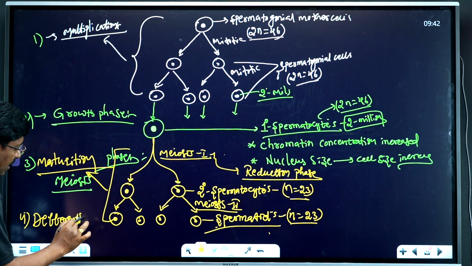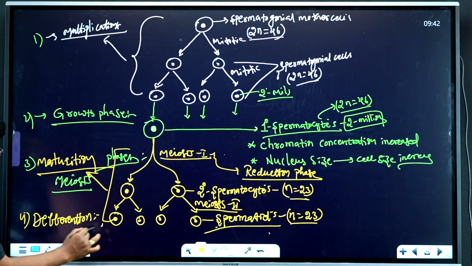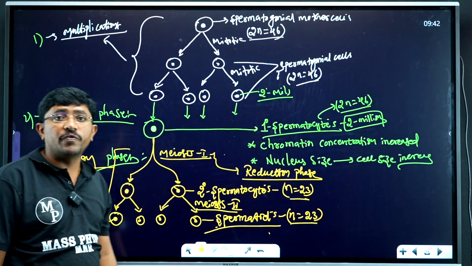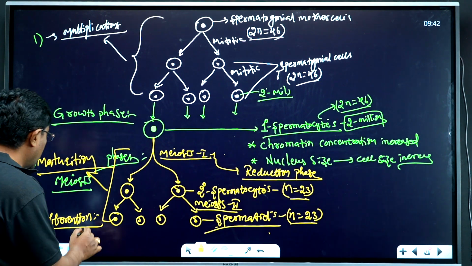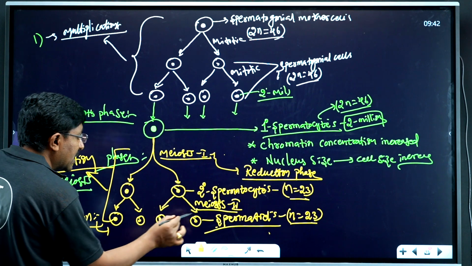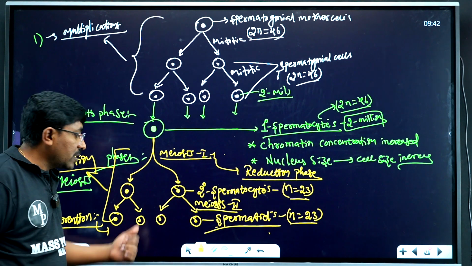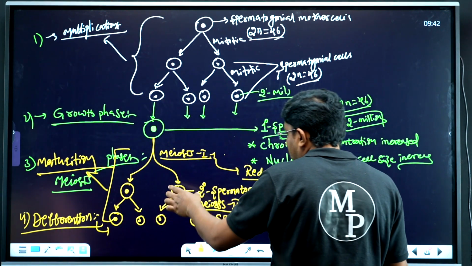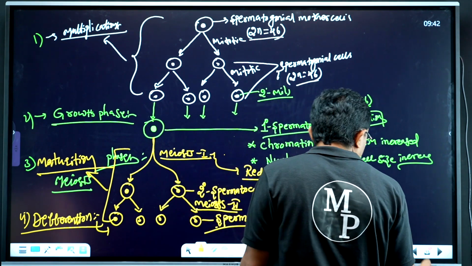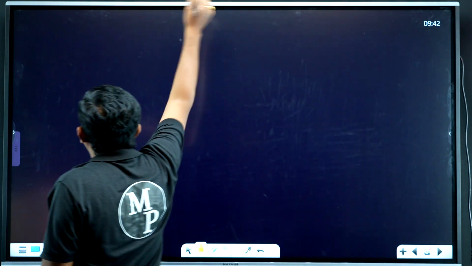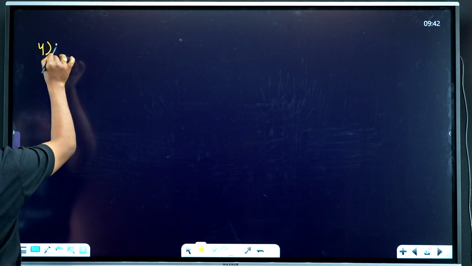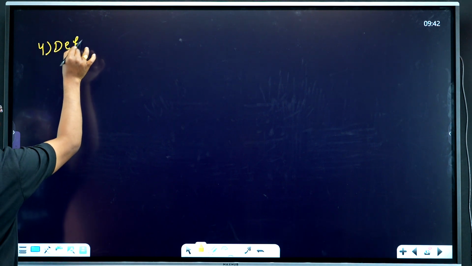The differentiation phase begins with spermatids. I'll draw these spermatids in a new slide. Here it is the fourth phase, the differentiation phase.